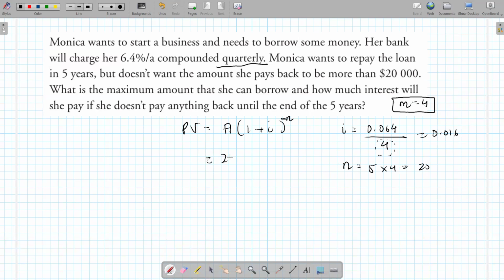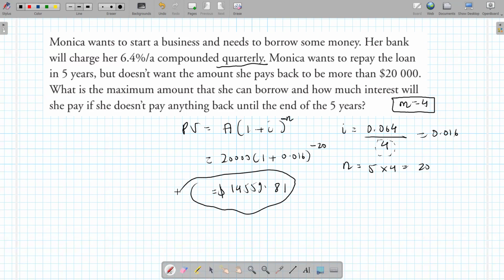So our amount is 20,000 times (1 + 0.016) to the power of negative 20. Plug that in and you have the answer for the present value: 14,559.81. That's the maximum amount that she can borrow.